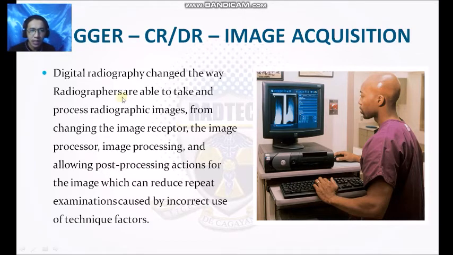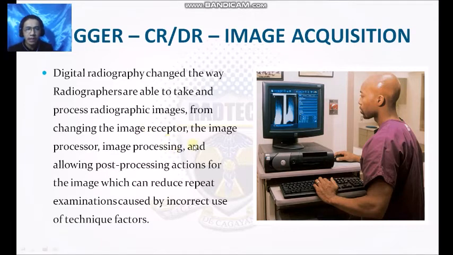So that's why the trigger mentioned here the processing, or how we process our radiographic images, and then the image receptor itself. We started with having the actual film itself, the X-ray film or the radiograph, and right now, the common practice, the radiograph itself, the hard copies, are almost obsolete.